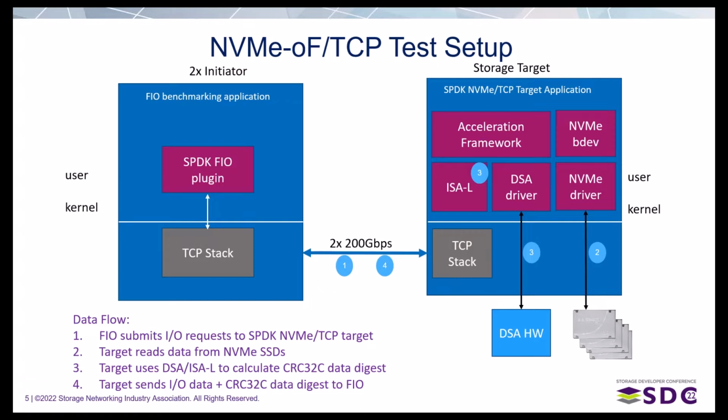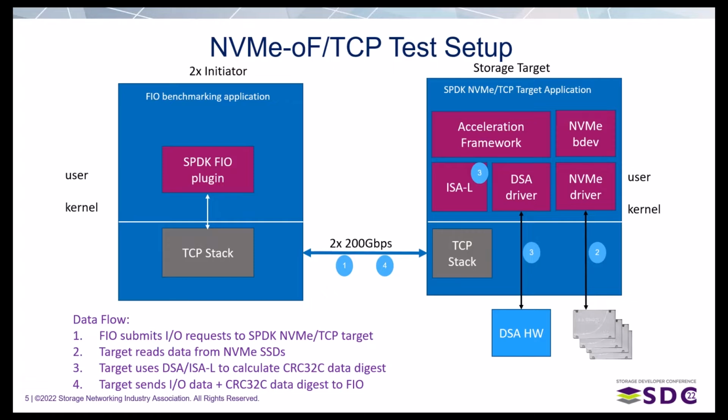Then on the initiator side, we're running FIO in server mode. That way we can submit IO requests from both initiator systems concurrently to the target system.